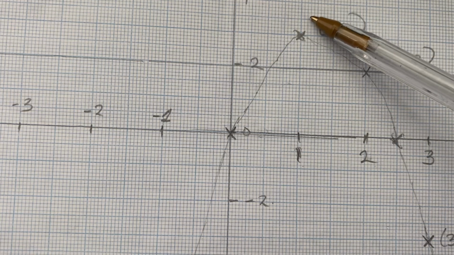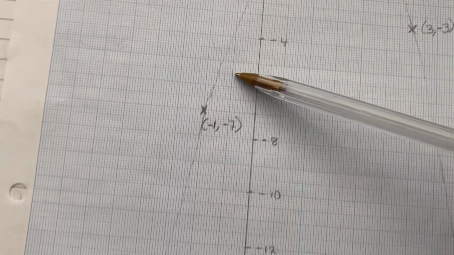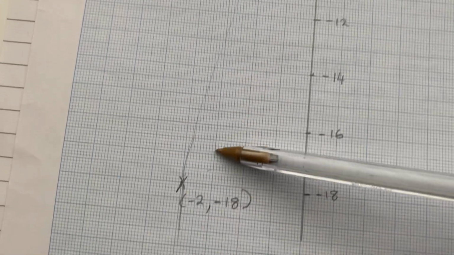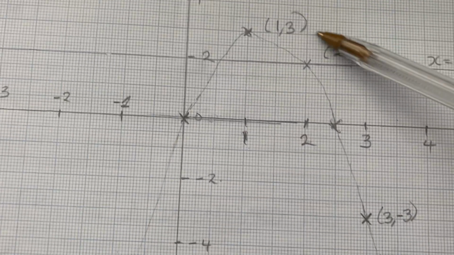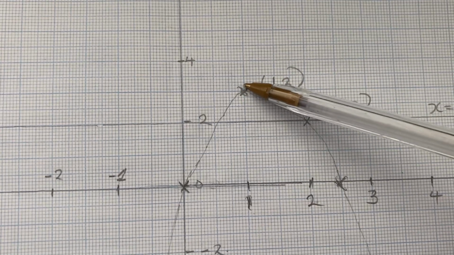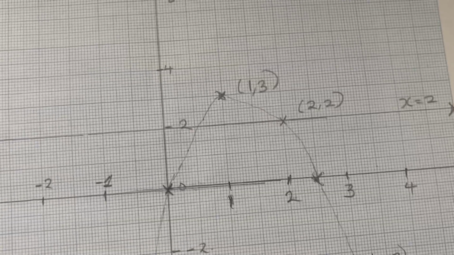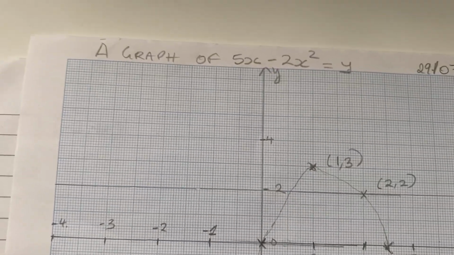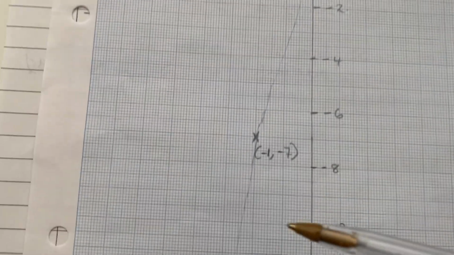So this is my free hand. As you can see, just try. There, that is my parabola, opening downward, and that is my turning point here. After I've drawn the graph, I've given it a title and labeled the axes.